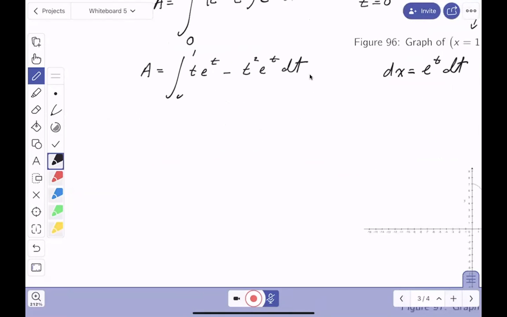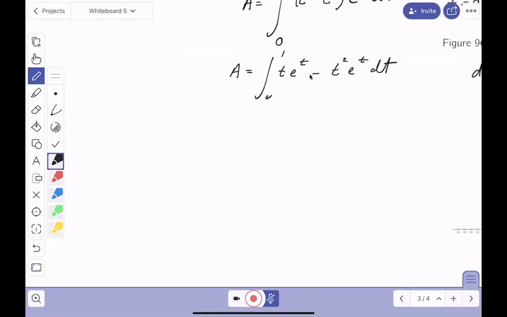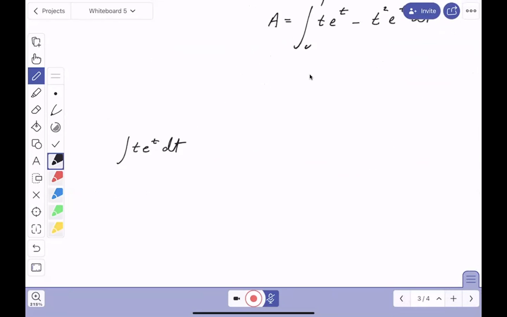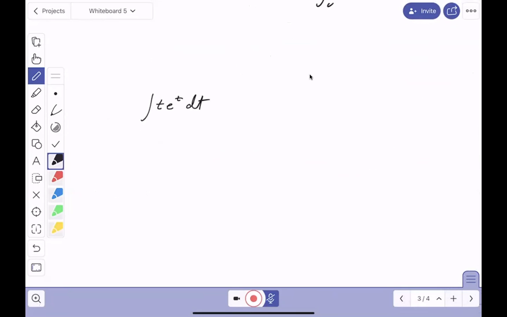Now, someone's going to say, how are you going to do that? I'm going to do it by integration by parts. I'll write this down for you. I want to do this one first. So u is t, du is dt, dv is e to the t dt, v is e to the t.